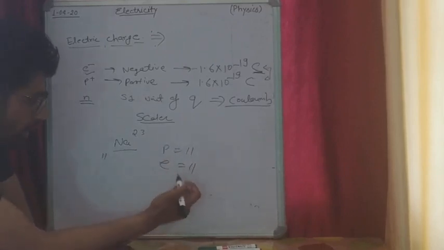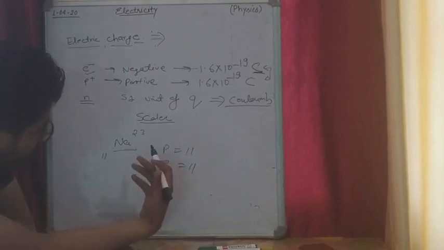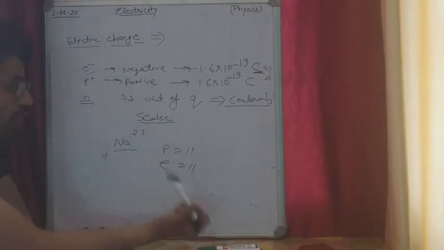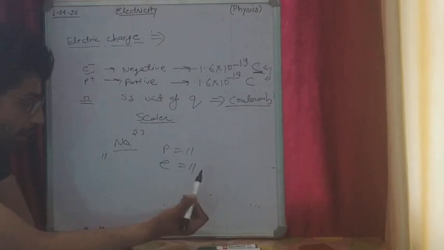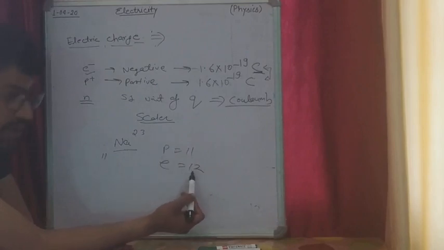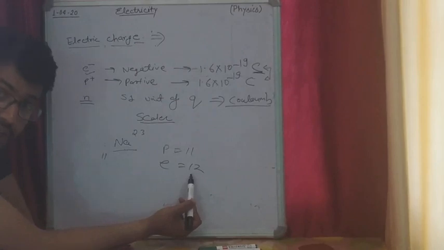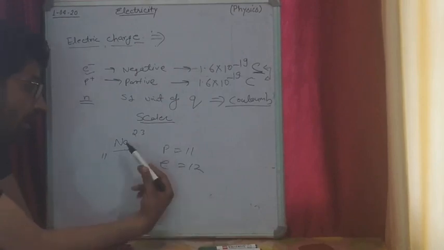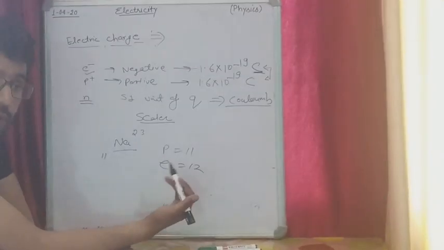Suppose in some way we are giving one electron to sodium. Then electrons will be 12. It means that now it has 11 positive charges and 12 negative charges. 11 positive charges will cancel with 11 negative charges, but one negative charge will remain with it. So it will acquire negative charge.